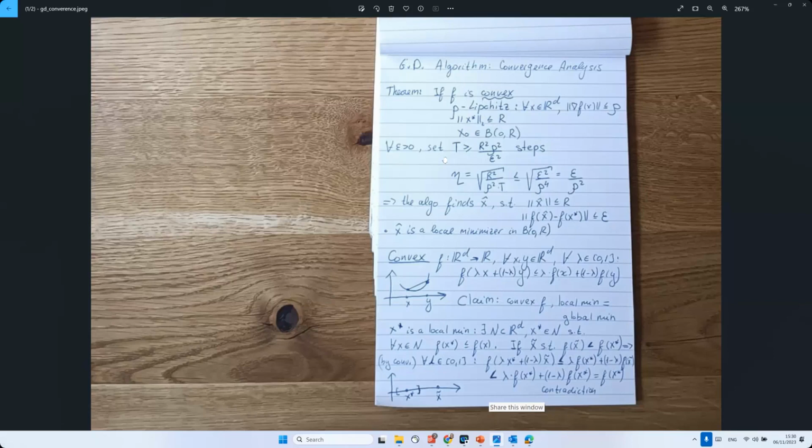And this is a contradiction because X star is the minimizer in the region N. So the local minimum is also a global minimum. There cannot be any other point anywhere with a value smaller than X star. So this finishes the proof.